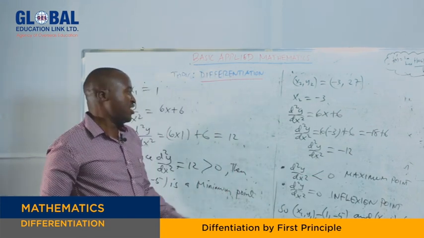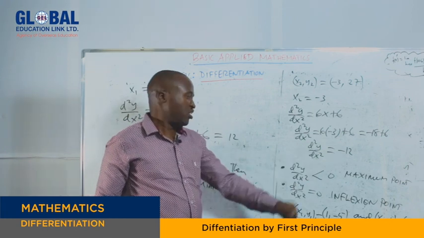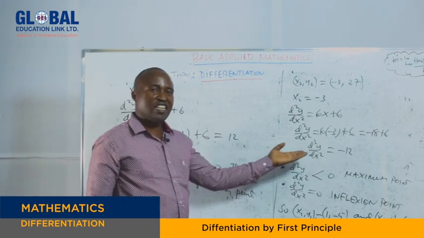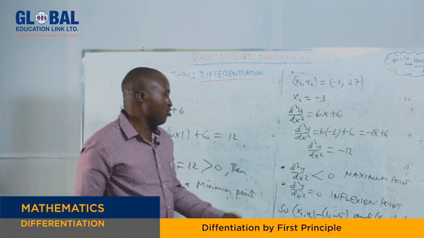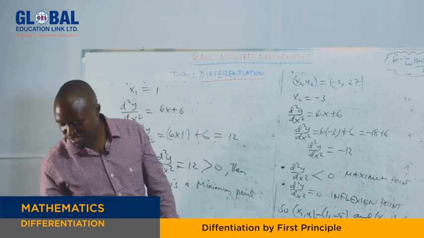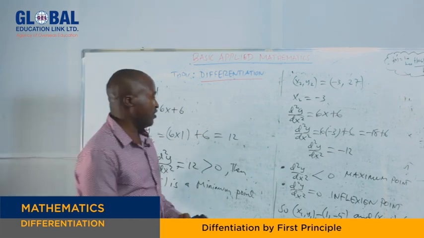Now students, see this time we have a negative value. What does this mean? When the second derivative is less than 0, we have the maximum point.